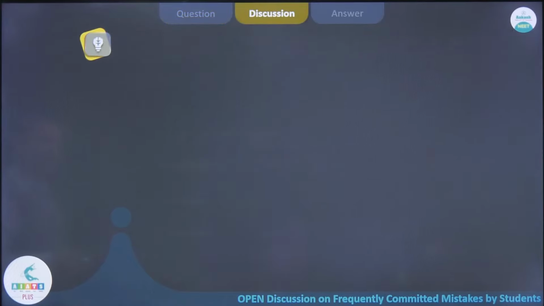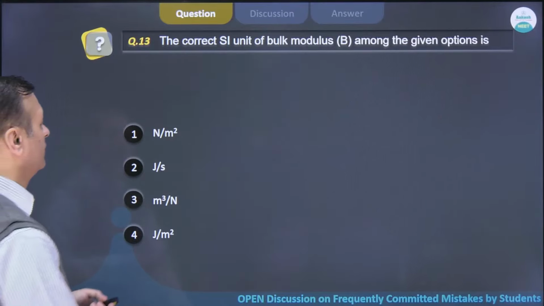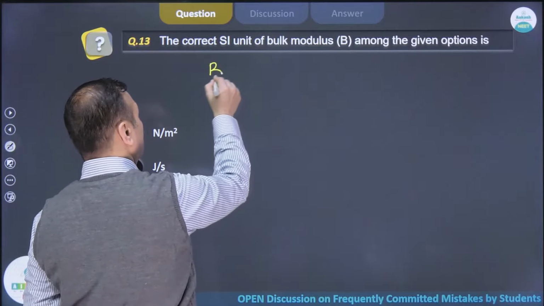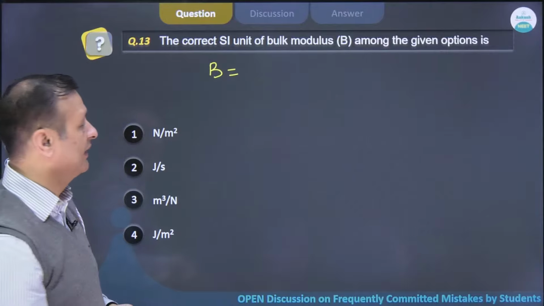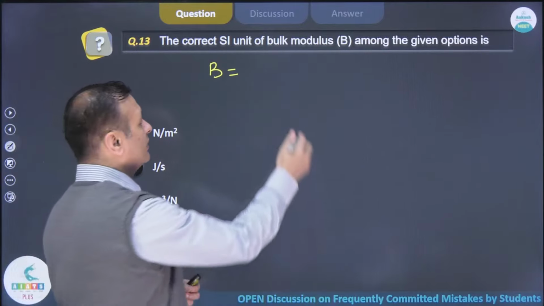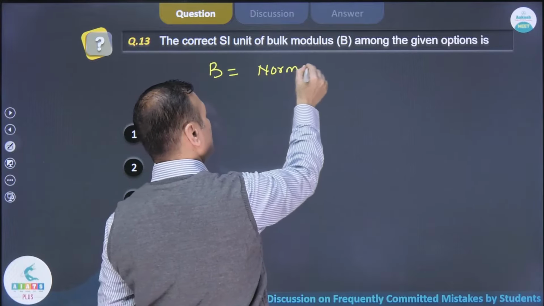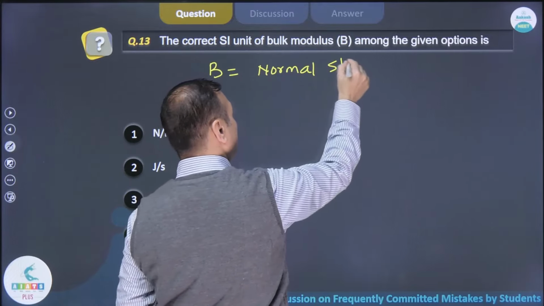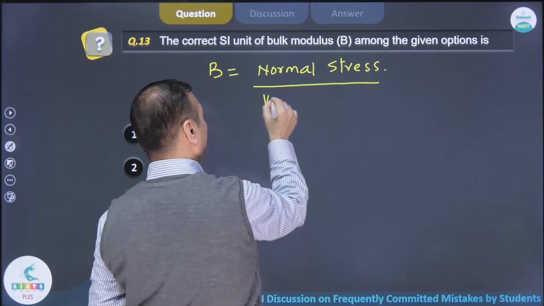Moving to the next. The correct SI unit of bulk modulus among the given options is. So what is bulk modulus? Bulk modulus is basically defined as normal stress per unit volumetric strain.